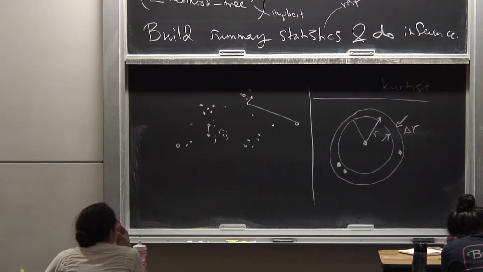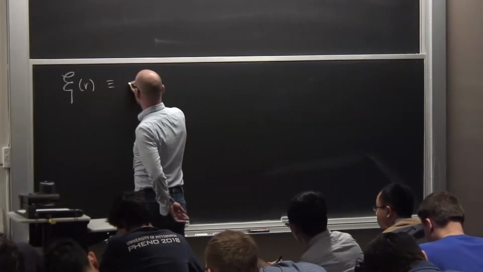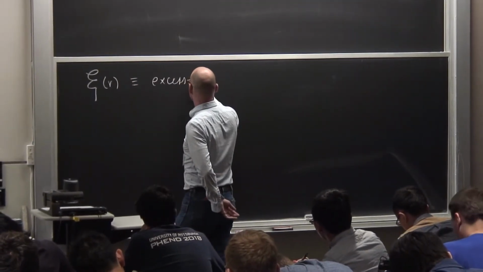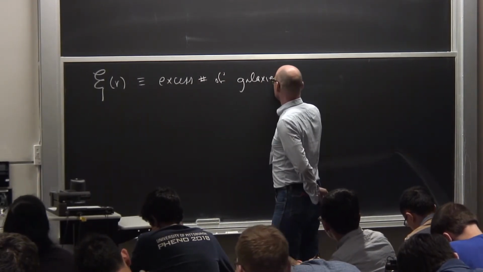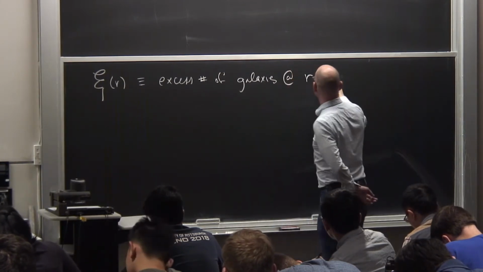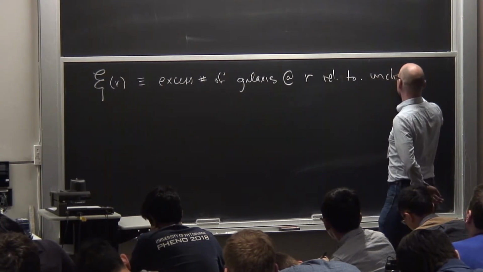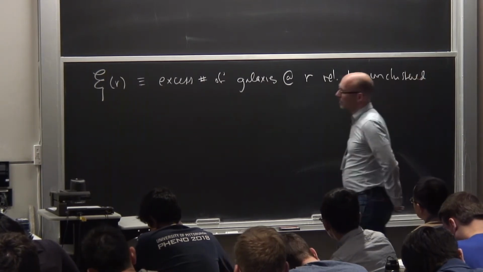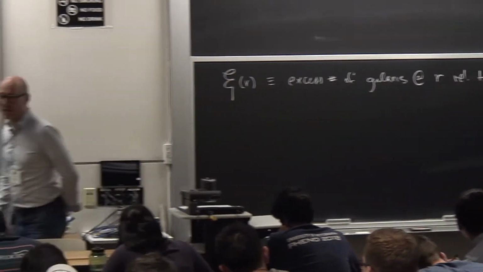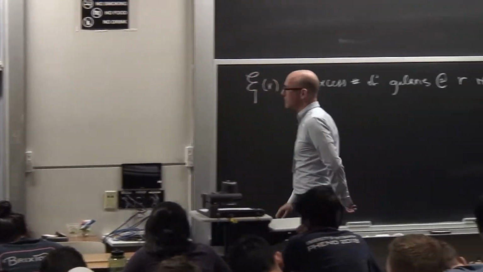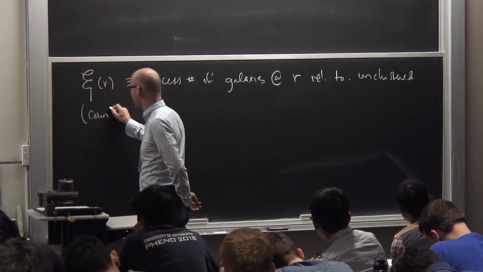The correlation function C of R is defined to be the excess number of galaxies at R relative to unclustered. And the way we, in fact, construct this statistic, as I said, this correlation function is going to be a summary statistic of the data. And the way we construct this is we count pairs.